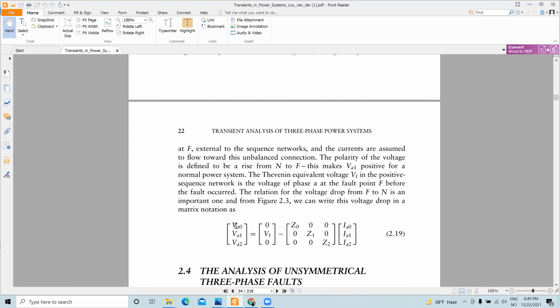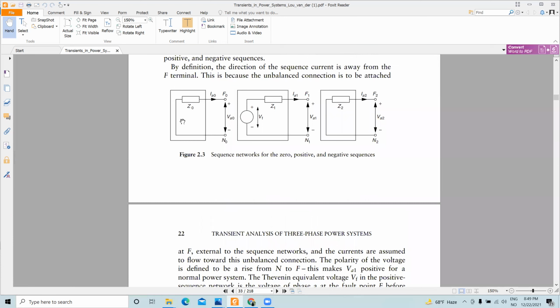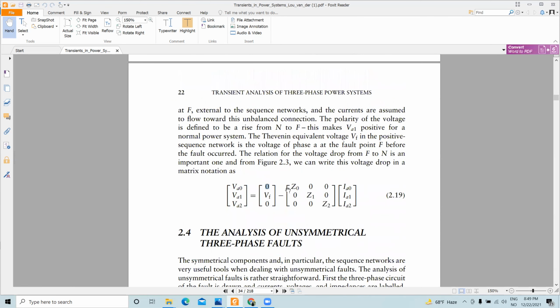For the zero sequence, there is no voltage, so only the impedance multiplied by IA0. For the negative sequence as well, there is no voltage.